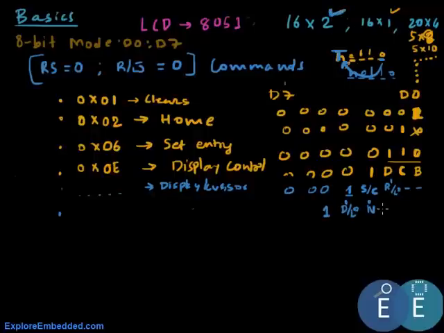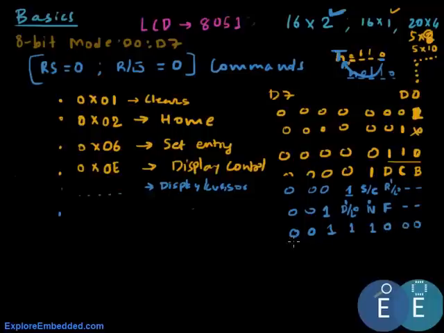Now the next is called the font, and if it is 5x8 font, then this would be 0, and if it is 5x10, this would be 1. And then this is don't care. So if we calculate this for our 16x2 display, this would be 001. Since for the first part we'll be using the 8-bit mode, it would be 1, and the number of lines is 2, so this will be 1, and we'll be using the default font size.